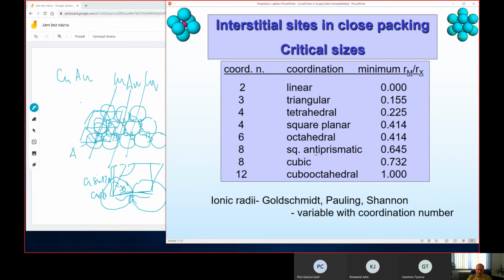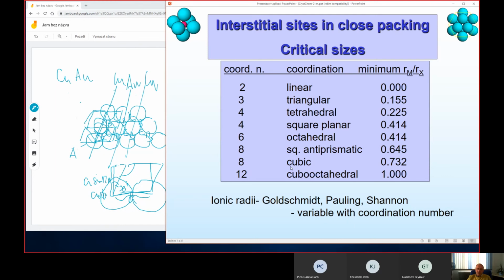We could also have square antiprismatic or cubic arrangement, but this is not typical for the closest packing like HCP or CCP. The cubic coordination number is typical for the BCC structure.